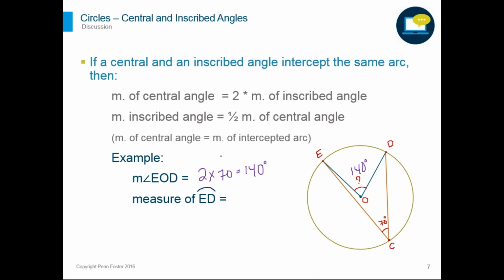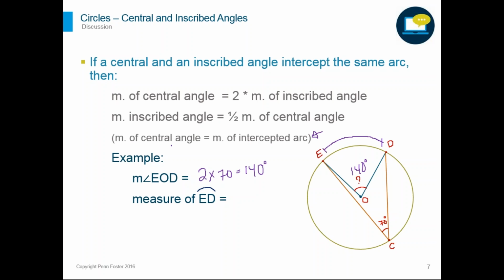Now, the second line here, what's the measure of the arc? This is the symbol of the arc, the bent line here, ED. What is the measure of ED? Another rule that is important for us to know is that the measure of the arc that the central angle intercepts would be the same as the measure of the central angle, and that was written out here.